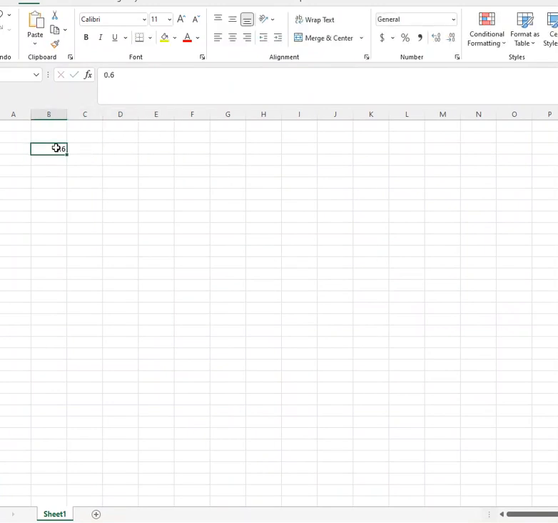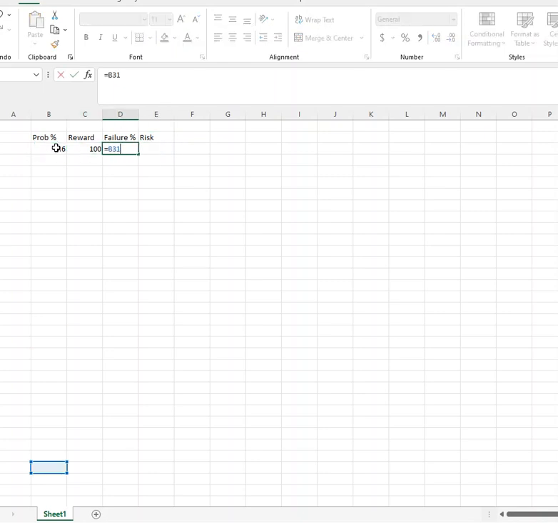So probability of success, here's my reward, here's my probability of failure percent, and risk. So I did 1 minus that, so it equals 100: 60%, 40%, 100.